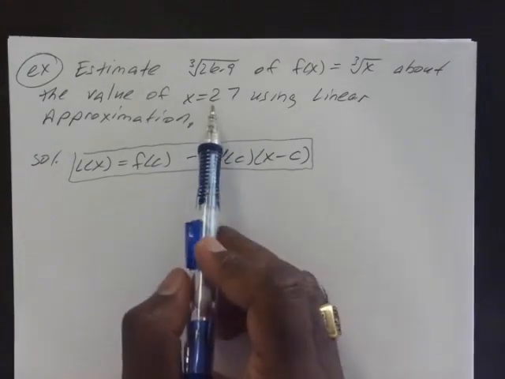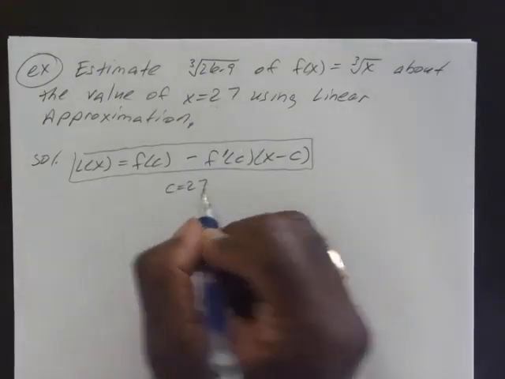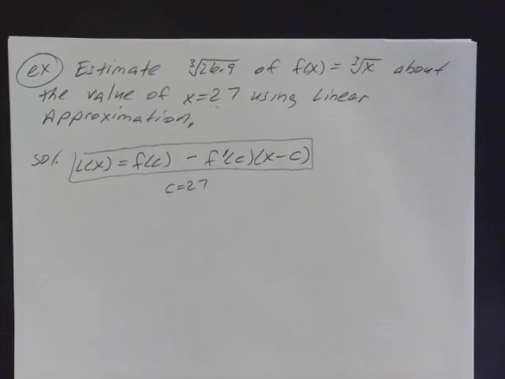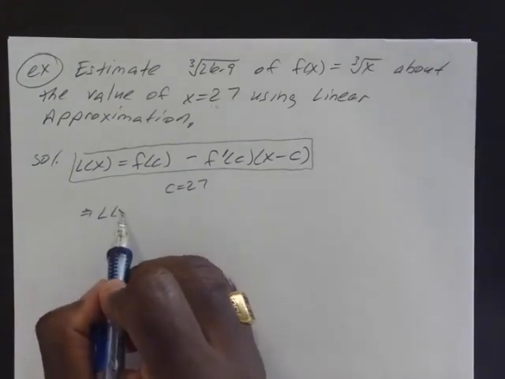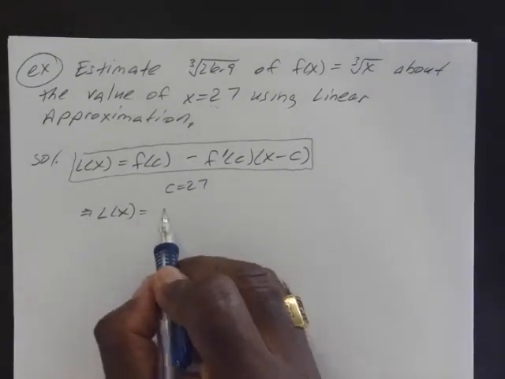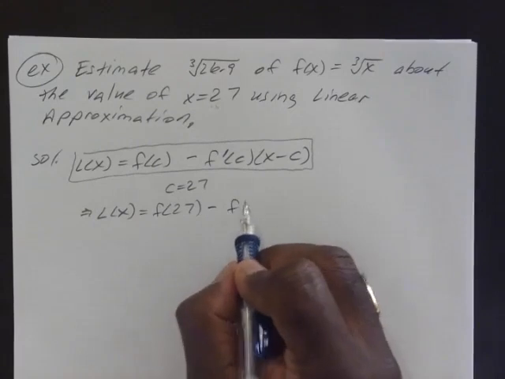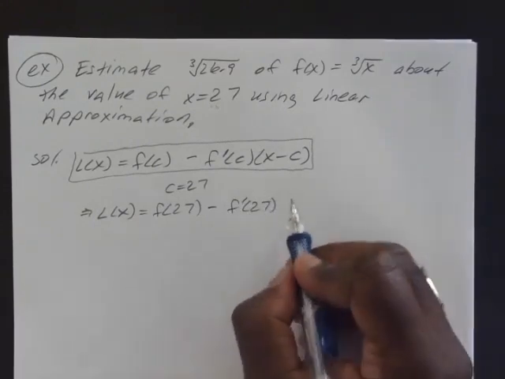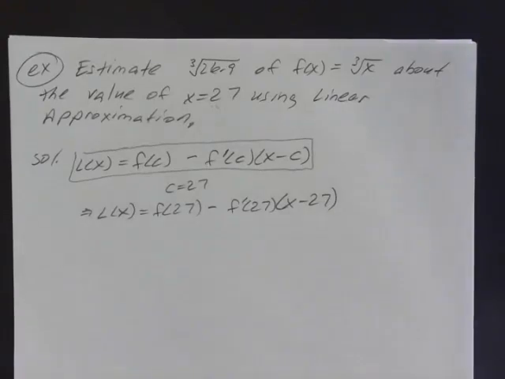Well, in this case, we know that c is equal to 27. That means your linear approximation is equal to f of 27 plus f prime of 27 times x minus 27.